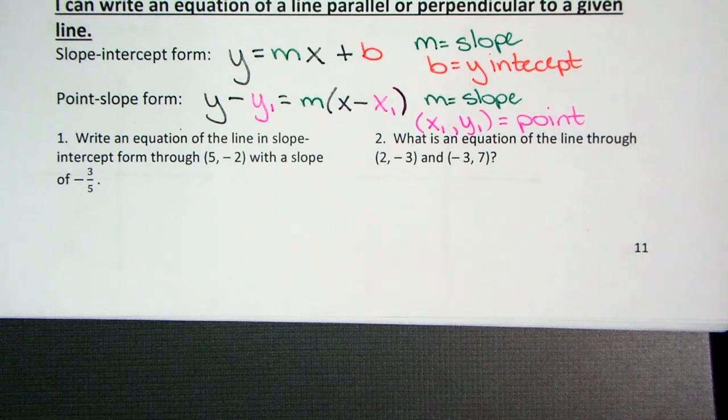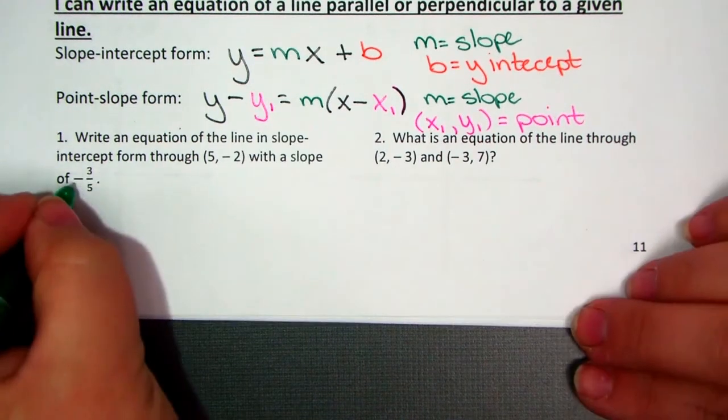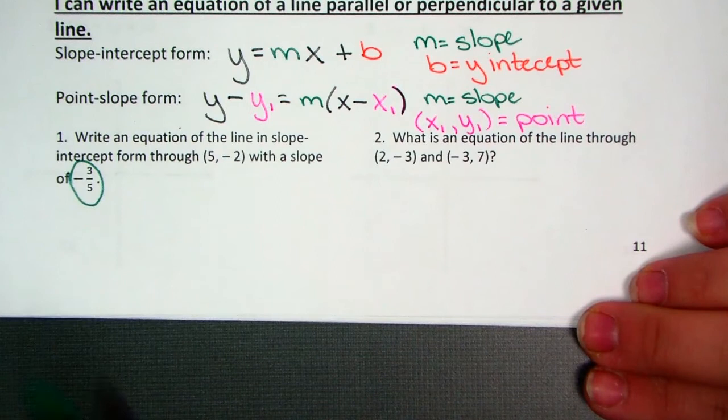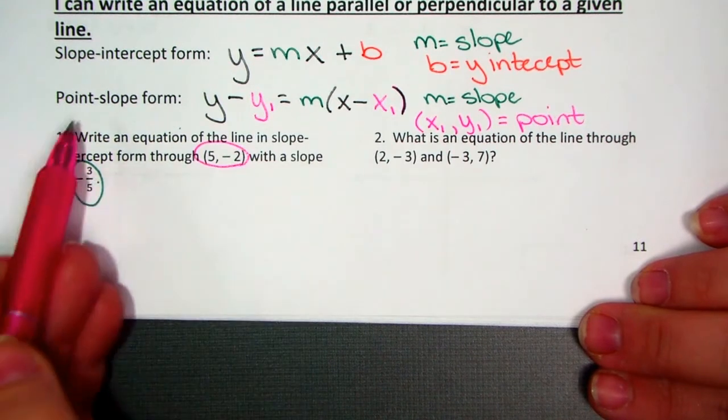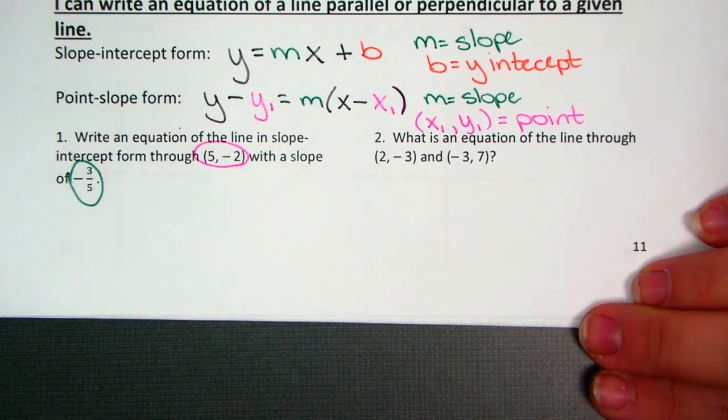So if it has a slope of -3/5, and it goes through a point, that means that I'm going to use point slope form to start out my equation. Now that's not what we want to end our equation in. We want it to end in slope-intercept form. But if they give you a point and they give you a slope, you might as well use point slope form.